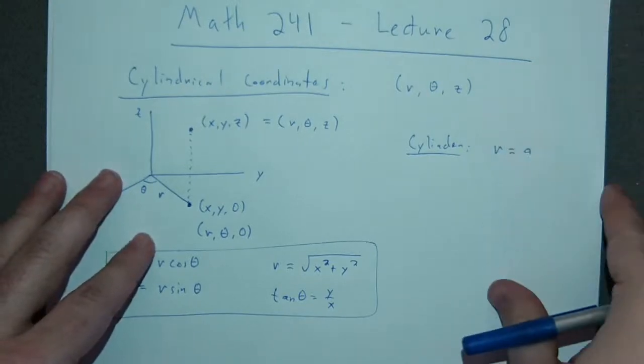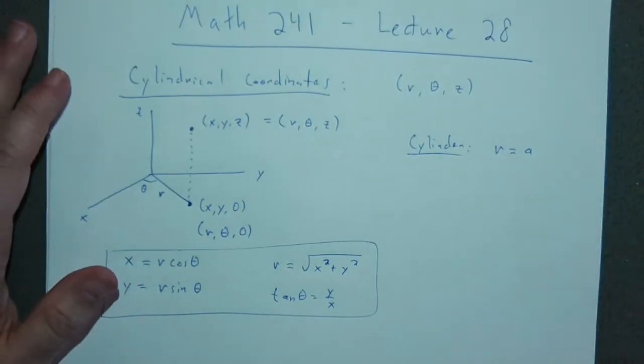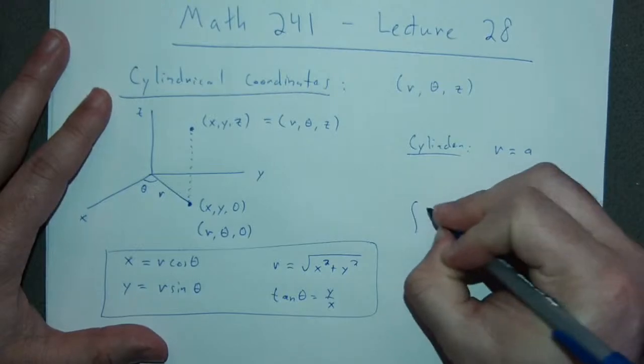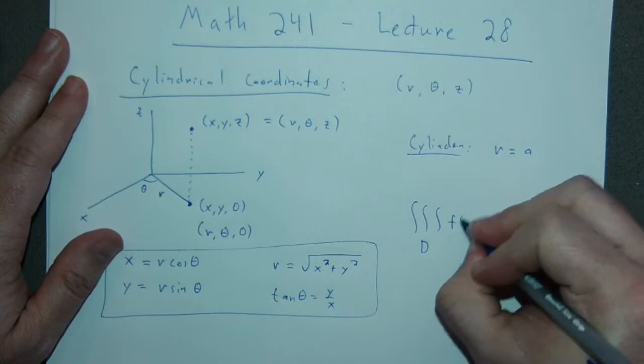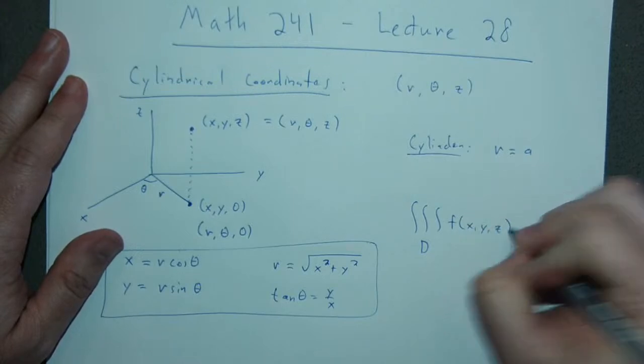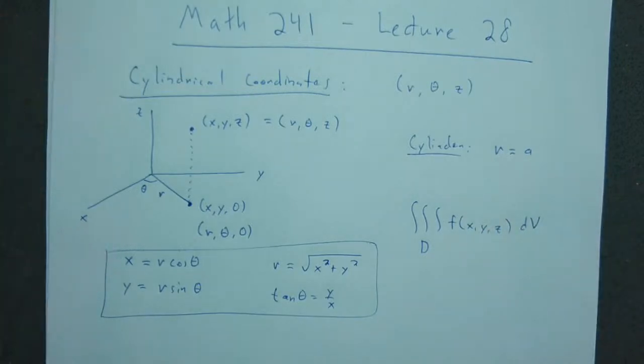Suppose we have the task of computing a triple integral over some region D of some function f of xyz dV, and let's say for whatever reason I'm led to believe that this region D would be more nicely described in cylindrical coordinates.